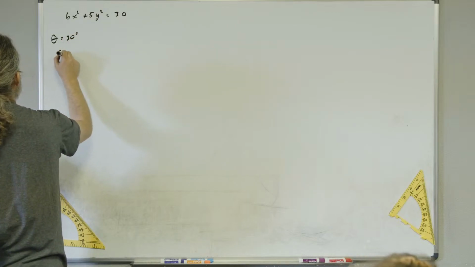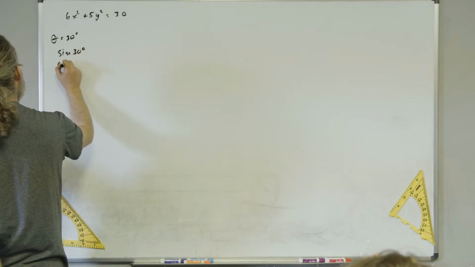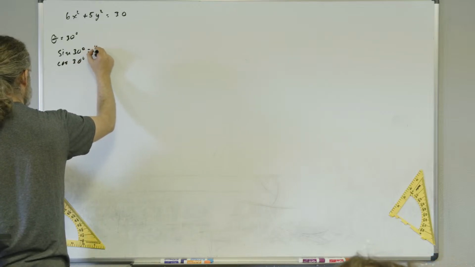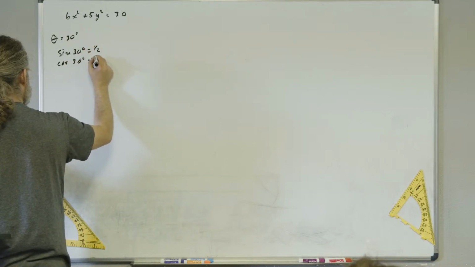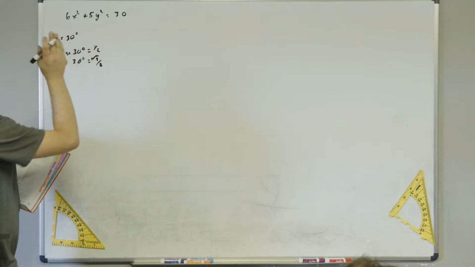So we need the sine of 30 degrees, which we just did actually, and the cosine of 30 degrees. So this equals 1/2, and this equals square root of 3 over 2.